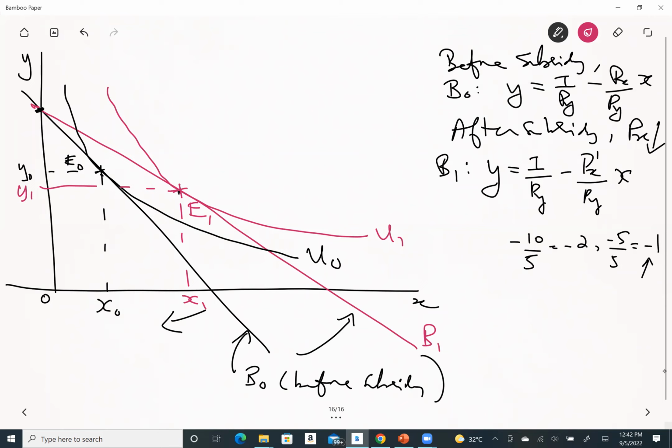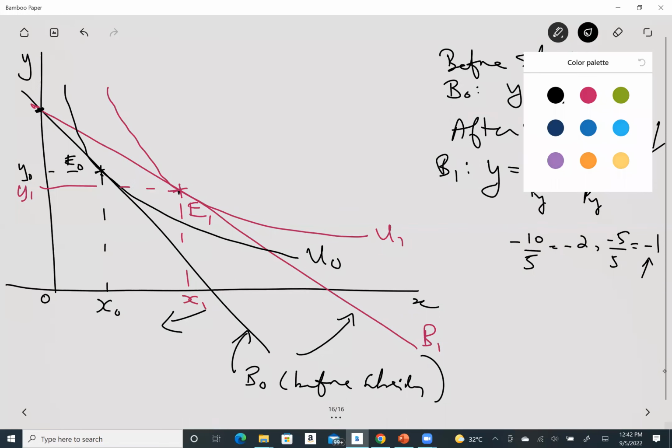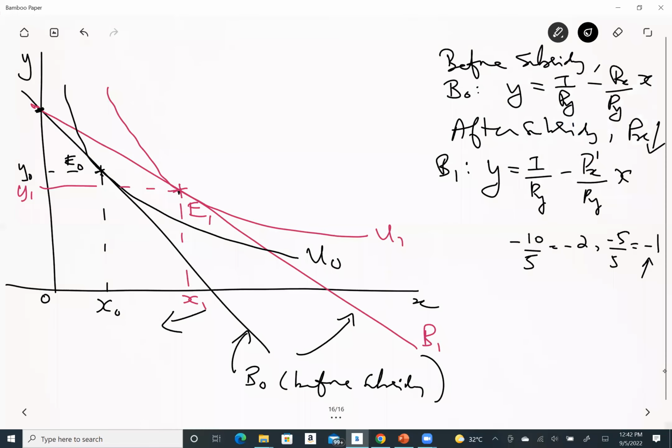So what you do for these two equilibria, because you are going to do the comparative statics, you're going to compare the equilibria. Before the subsidy, what is the equilibrium? Equilibrium E0. X equal to X0, Y equal to Y0. So that is our baseline, okay? Our baseline because we're going to compare that with the other one.